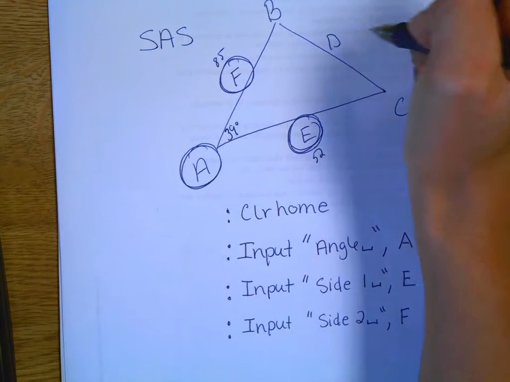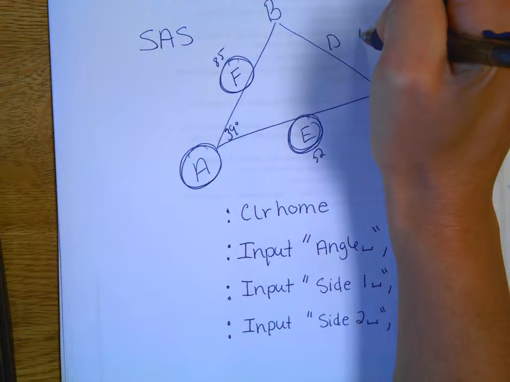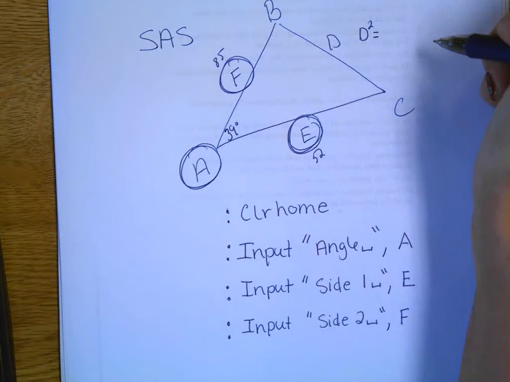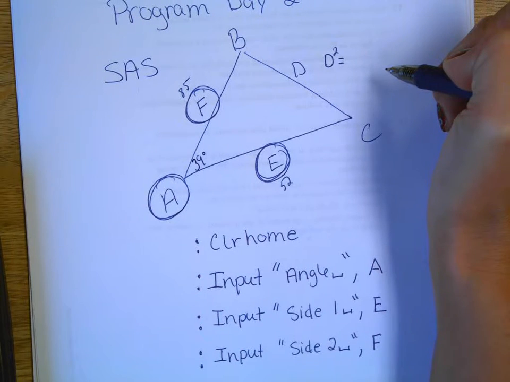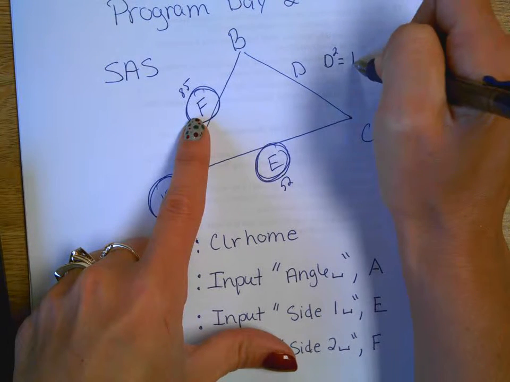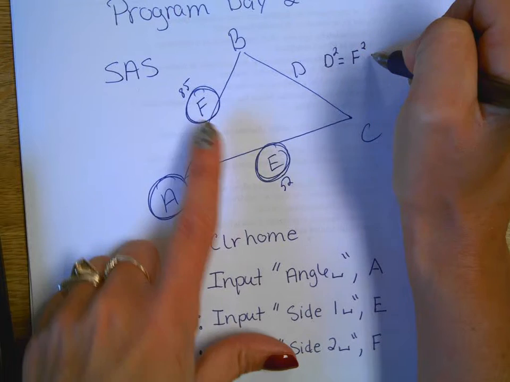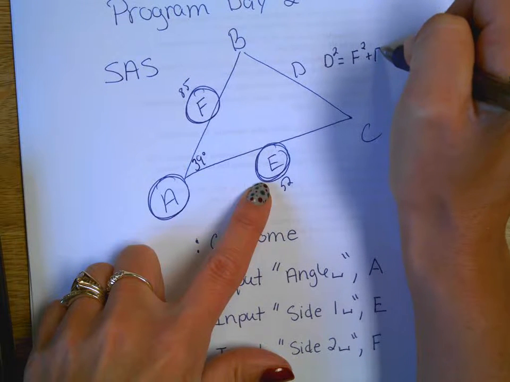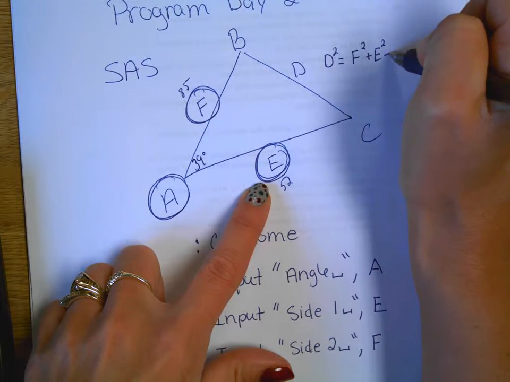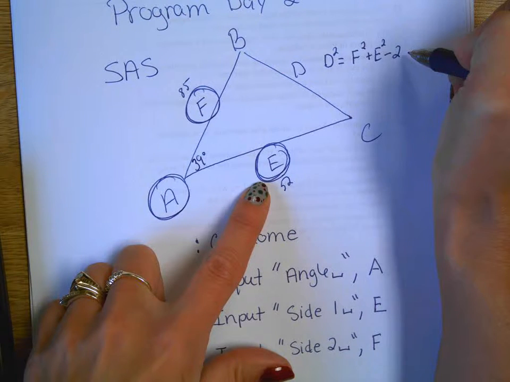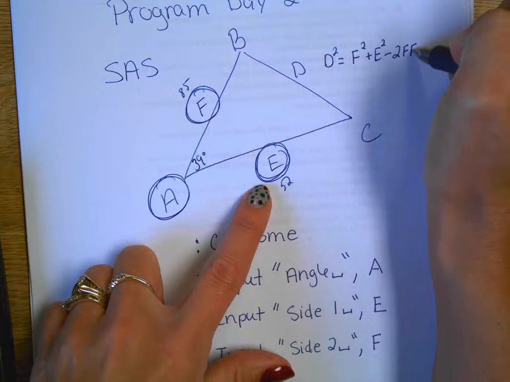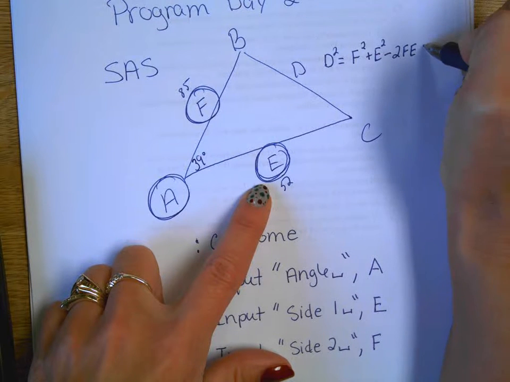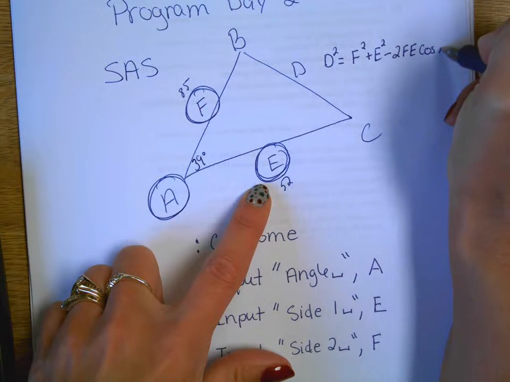It's D squared equals F squared plus E squared, the two sides squared and added, minus 2 times F times E times the cosine of A.